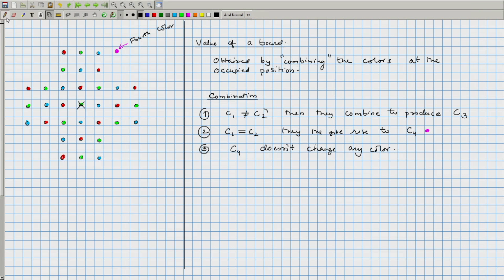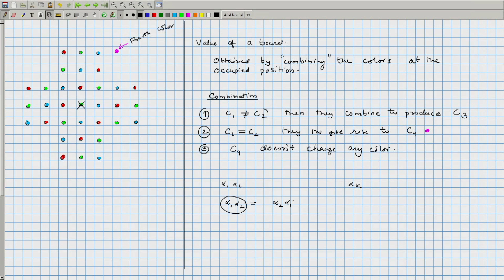Let us say we write down these colors as alpha 1, alpha 2, up to alpha k. Combining alpha 1 and alpha 2 is the same as combining alpha 2 and alpha 1. So any rearrangement of colors is okay, and any order of combining them will give rise to the same color.